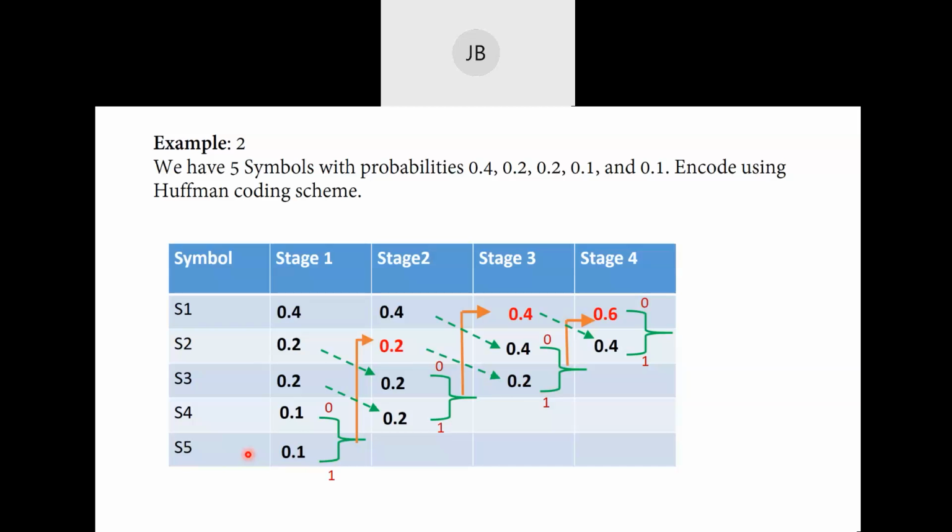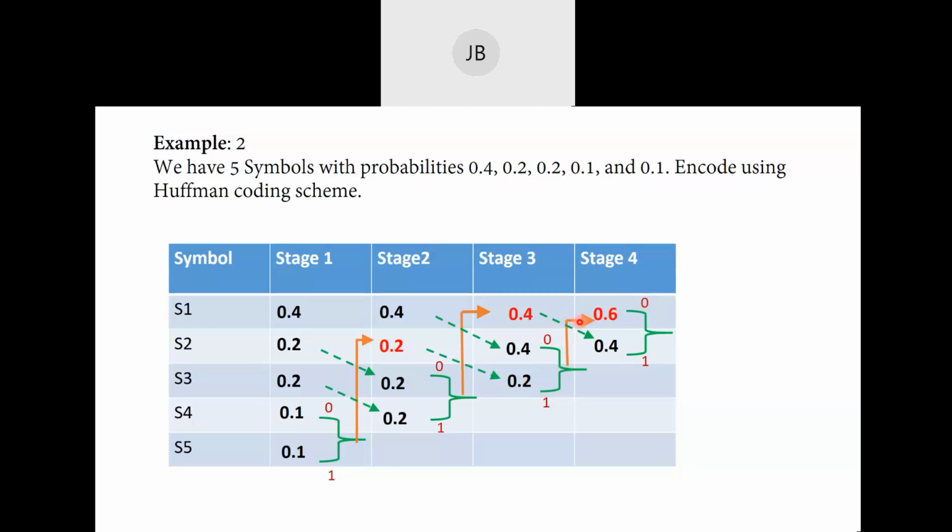Similarly, we can track other elements. For example, S4. Let me see how S4 we can generate. This is the path, and I come here and go here, and then 0.2. From 0.2 I reach here, and then I reach here, and finally to 0.6. Yes, so the reverse path is something like this.